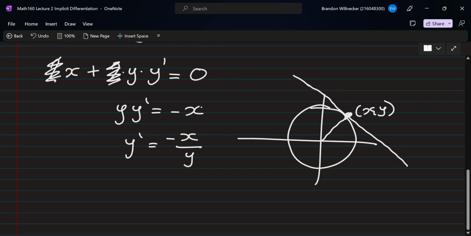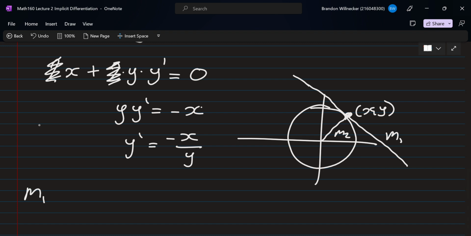Here we've got two different gradients that we can consider: the gradient m1 of the tangent line and the gradient m2 of the radial line. We can calculate these two and we'll see that it is quite interesting.